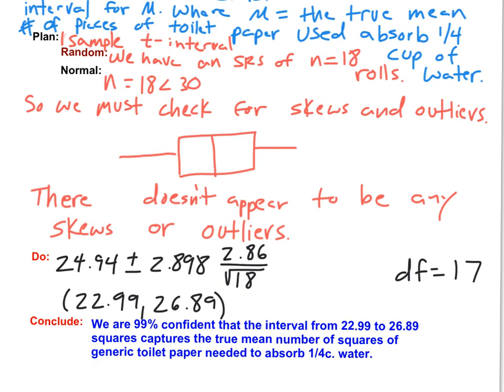And there you go. We're 99% confident that the interval of 22.99 to 26.89 captures the true mean number of squares of generic toilet paper needed to absorb 1/4 a cup of water. Okay? So that's a really good one to study off of, because of any element in a t-interval for a mean that I could throw at you, that one basically does. Right?